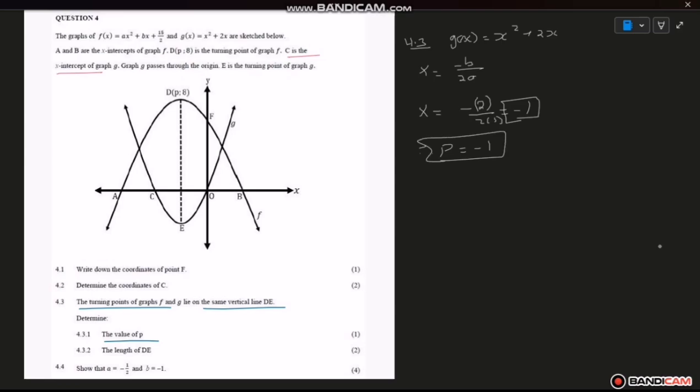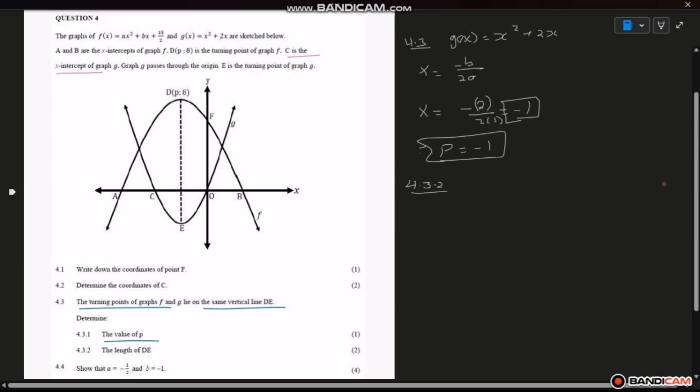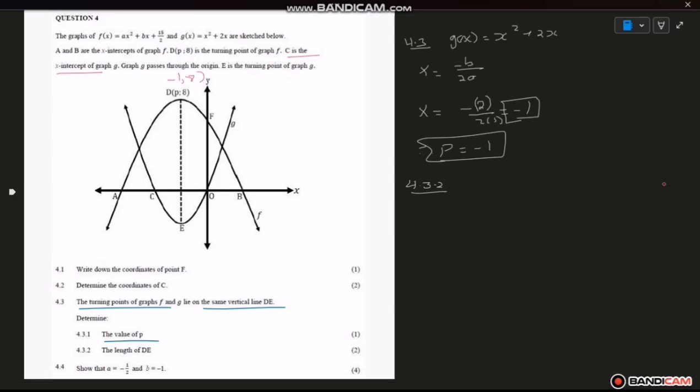Then for us to find the corresponding y value, you take that p and substitute it in the graph of g. So 4.3, they want us to find the length of DE. We do have the coordinates of D, which is negative 1, positive 8. Then where's E? Okay, E is the turning point. So negative 1, we do have the value of p.